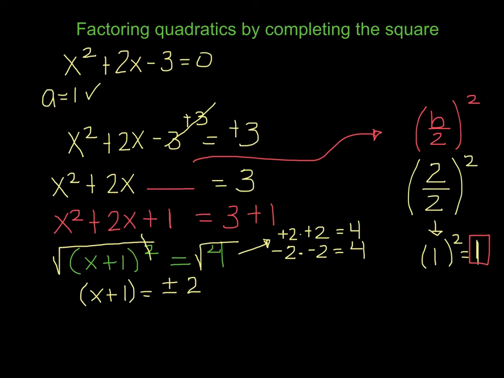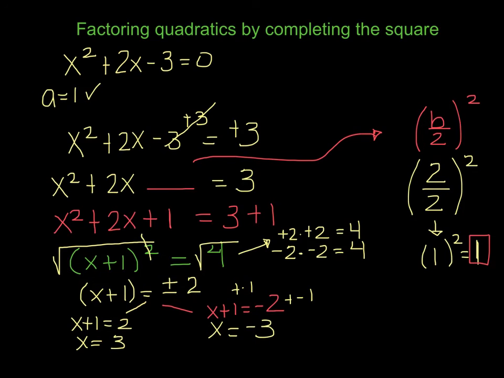Once I've done that, I'm going to go ahead and solve two equations. One of the equations is going to look like this, x plus 1 equals 2. And the other equation is going to look like this, x plus 1 equals negative 2. So I'm taking my positive sign here and my negative sign on the next one. And I'm going to go ahead and solve for x. So on this side, x is equal to 1, adding a negative 1 to both sides. And on this side, x is equal to, if I add a negative 1 to both sides, negative 3.